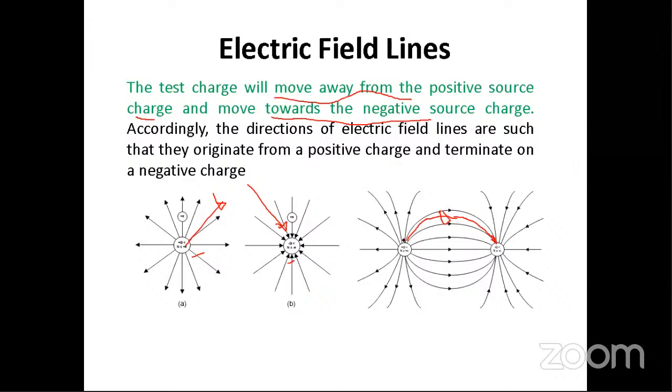If the two charges are oppositely charged and adjacent to each other, their field lines will be oriented in that fashion. You have to remember this is the convention we follow for field lines: electric field lines originate from a positive charge and terminate in the negative charge.